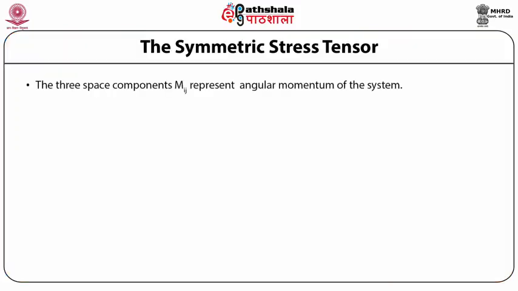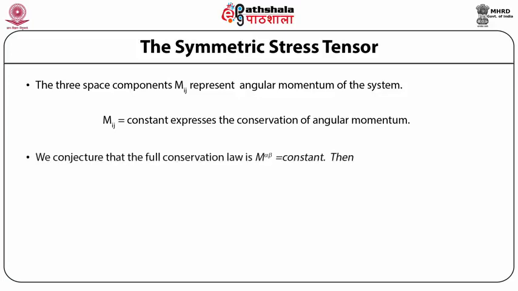The three space components Mij represent the angular momentum of the system. Mij equals constant expresses the conservation of angular momentum. We conjecture that the full conservation law is M alpha beta equals constant.